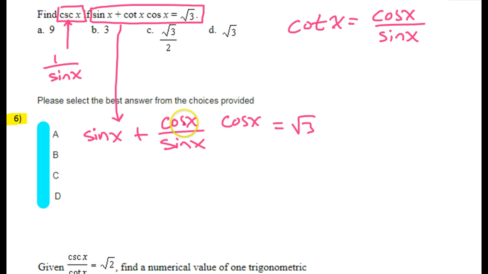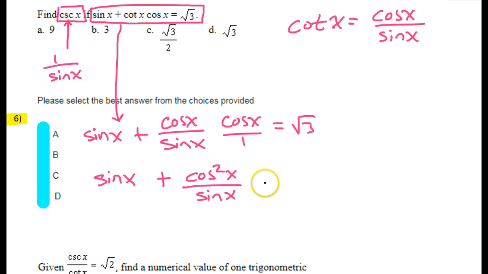Now I'm noticing that I've got cosine times cosine, and look, this is like cosine x over 1 if you need that to help you see that you multiply straight across, cosine times cosine and sine times 1. Anyway, that's going to give me sine x plus cosine squared x over sine x is equal to radical 3. That's what I get when I put these two together. Now, one of my strategies is to see what happens if I have a fraction being added.